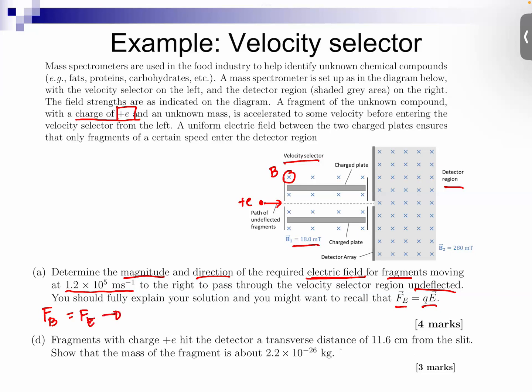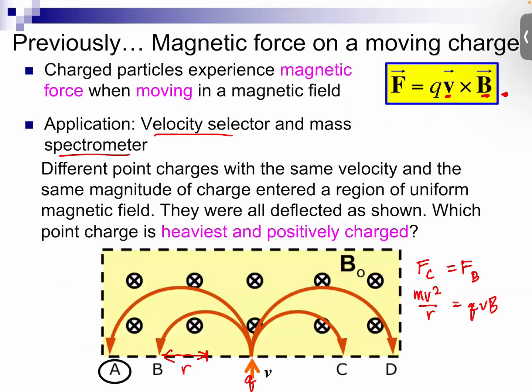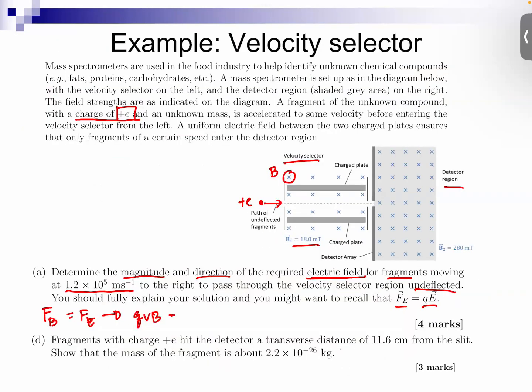If you expand these definitions, magnetic force is QVB for the magnitude, coming from this cross product here. And the electric force, we learned, is equal to charge times the electric field.